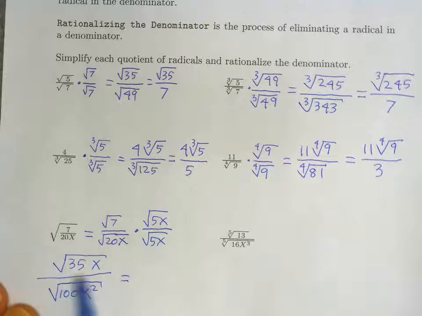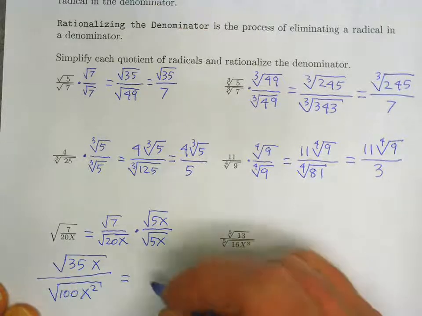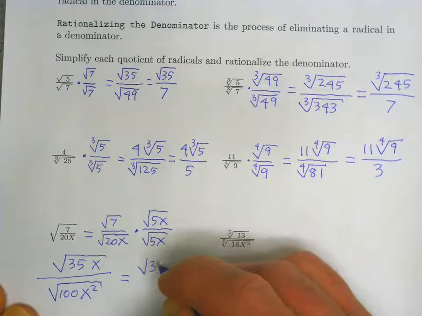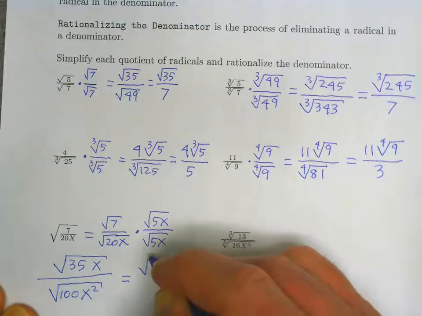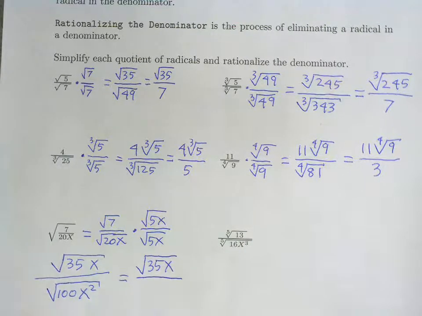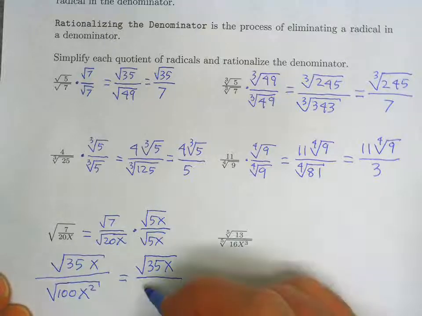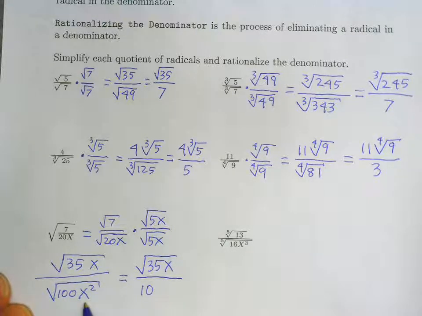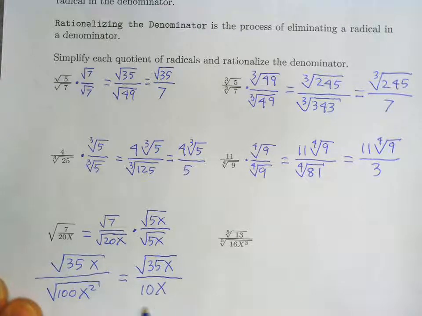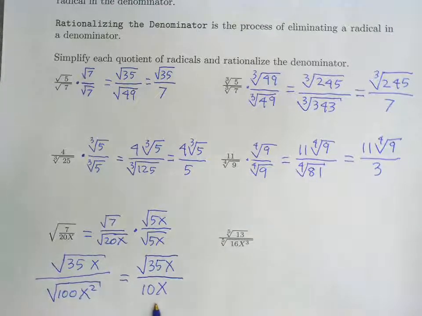The numerator, the square root of 35x, can't be simplified any further. But the denominator can be rationalized now because the square root of 100 is 10, and the square root of x squared is x. So we no longer have a square root in the denominator.